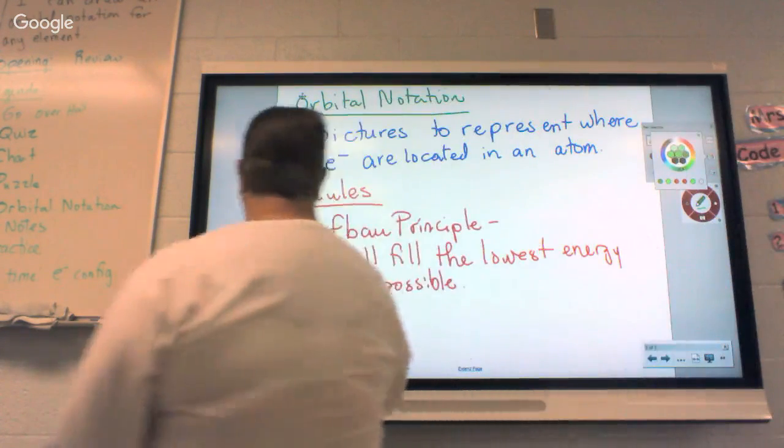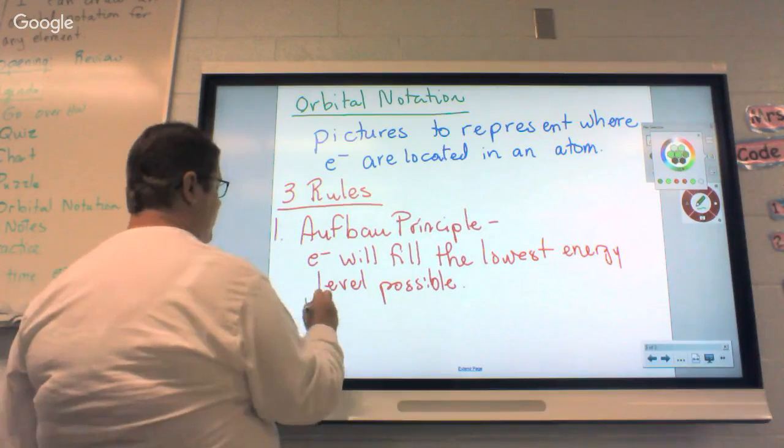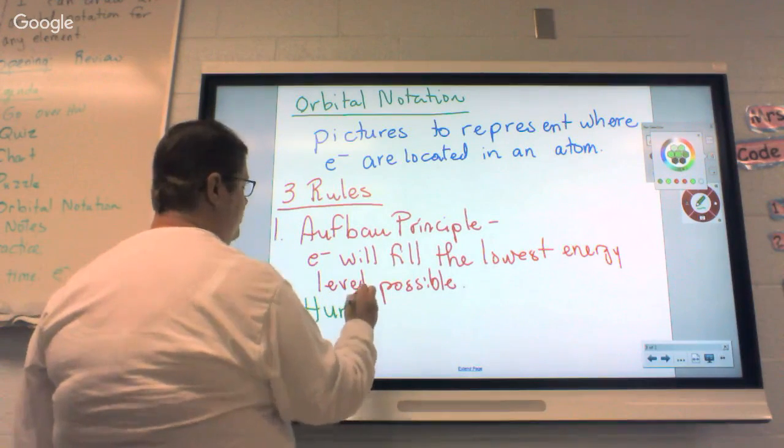Okay? So every energy level must be full before we can go to the next energy level. Now, the one that creates the most issue when we're doing this will be Hund's rule.